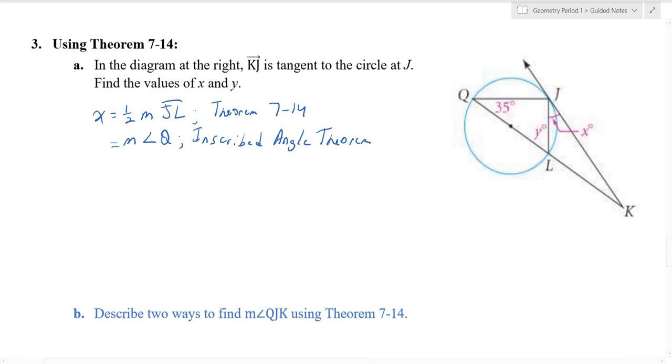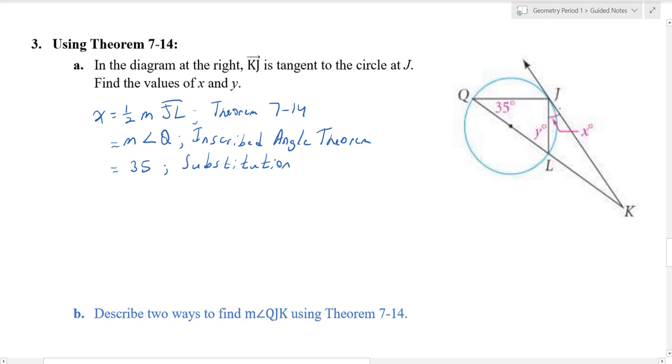And we can say that this equals 35, and that is because of substitution. All right, so we have x. x equals 1/2 the measurement of the arc JL, right?